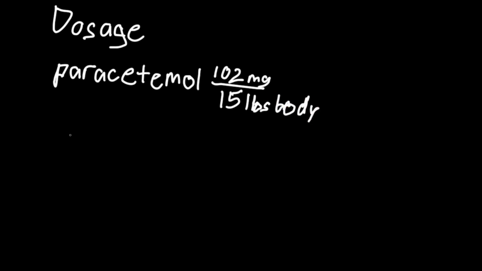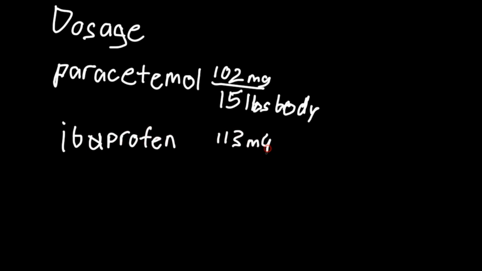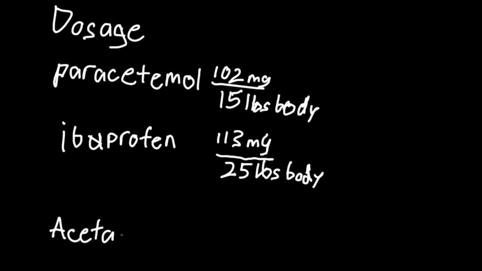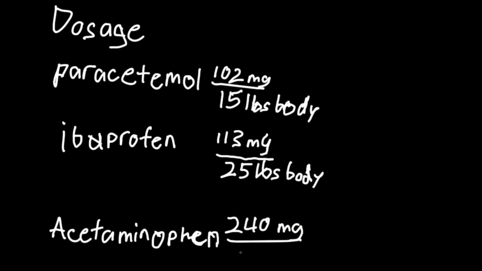Ibuprofen is listed as requiring 113 mg per 25 pounds of body mass. Finally, acetaminophen is listed as requiring 240 mg per 35 pounds of body mass.